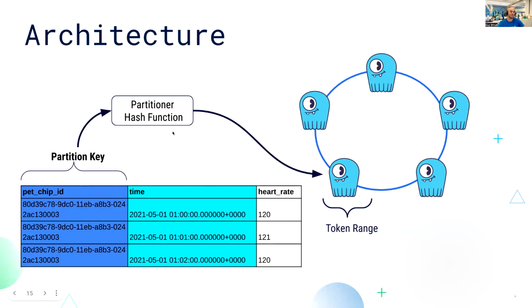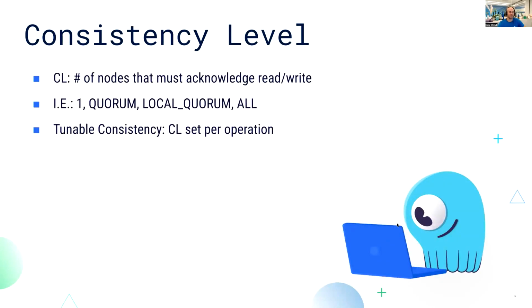It performs a consistent hash function, also called the partitioner, on this piece of data. And according to the hash, it knows which nodes are responsible for this piece of data. Okay, so partition key is an important concept in data modeling. I will talk about that more later on.